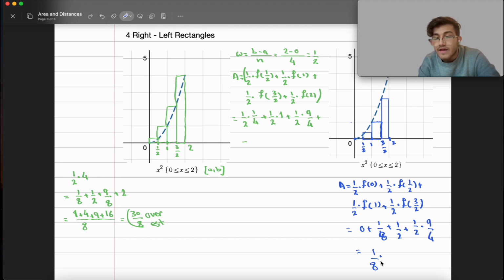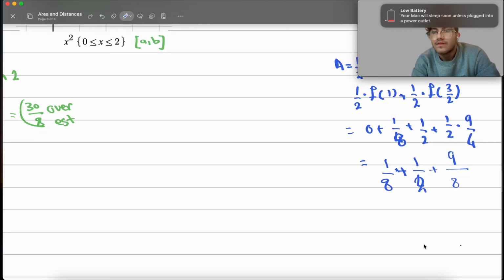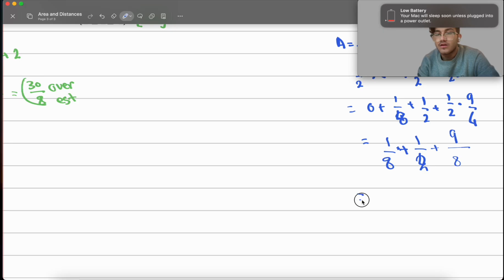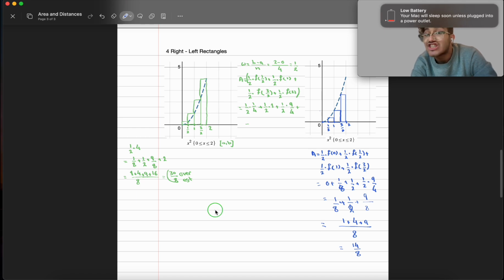So 1 over 8 plus 1 over 2 plus 9 over 8. This one here will be 1 plus 4 plus 9. This will give me 14 over 8, which I know is an underestimation.